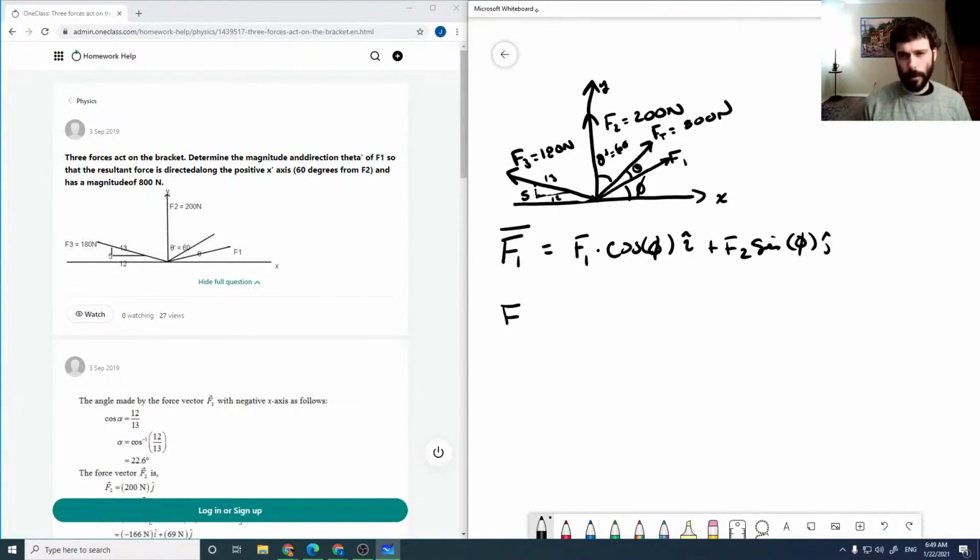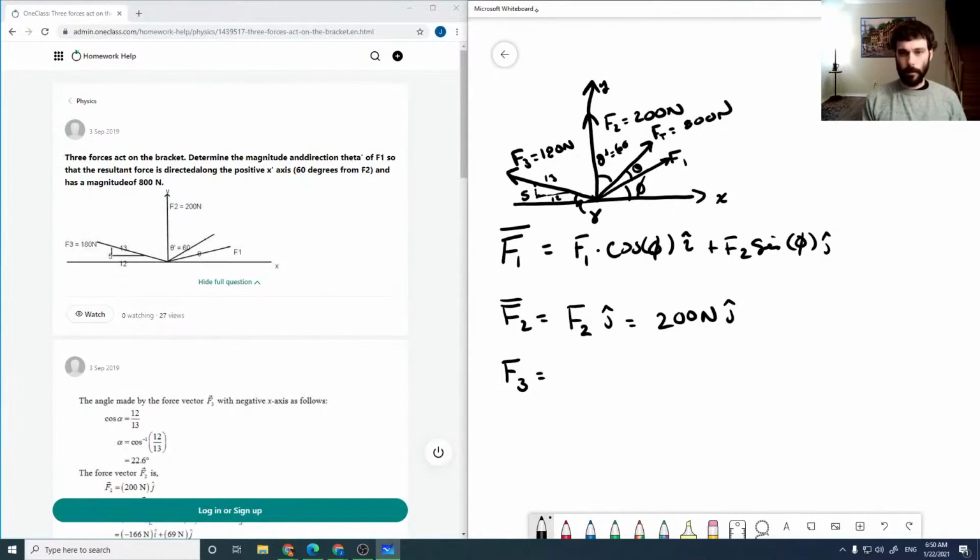My F2 force is straight up, so it's just my F2 j hat, so that comes to 200 newtons times j hat. And then my F3, again, I'm going to just call that angle gamma.